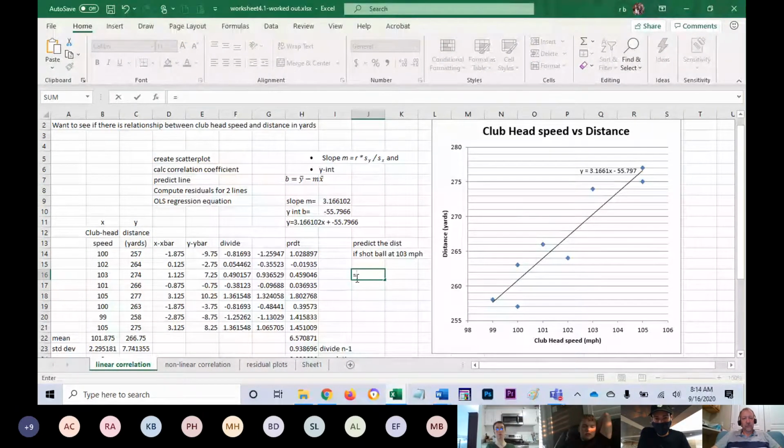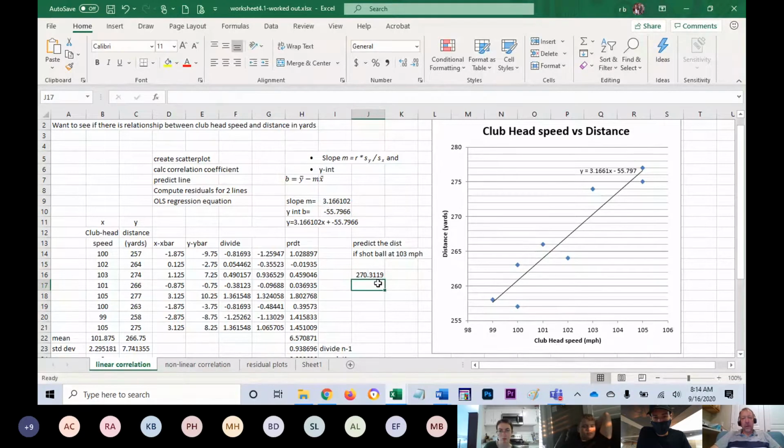You take your equation, 3.166102 times 103, and then we're going to add the y-intercept on here. So we would predict that it would go about 270.3 yards, which when we look at our line here, it's about right on the 270 line there.